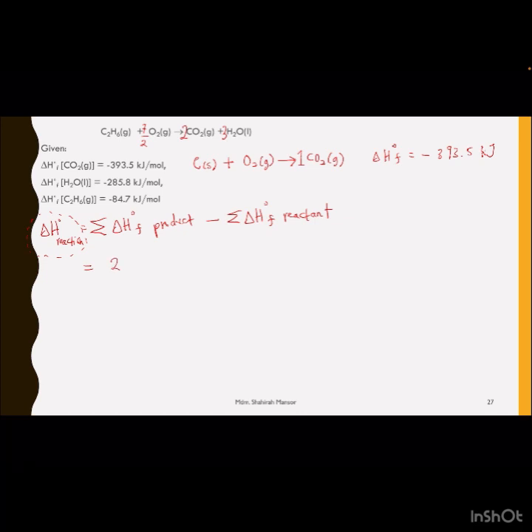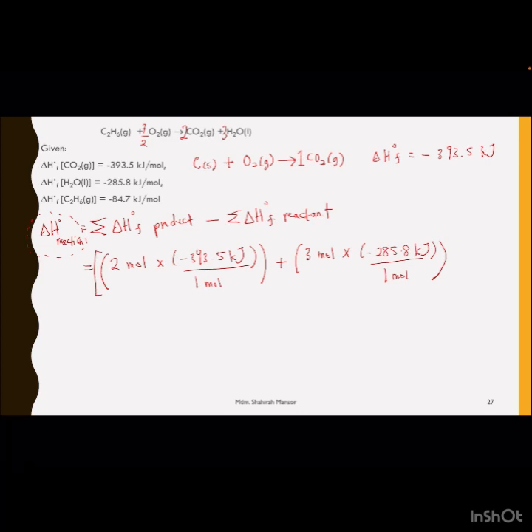We will have 2 mole of carbon dioxide, and the value is negative 393.5 kilojoule per mole, meaning over 1 mole, plus the other product, which is water. So we have 3 mole of water, kilojoule per 1 mole as well.